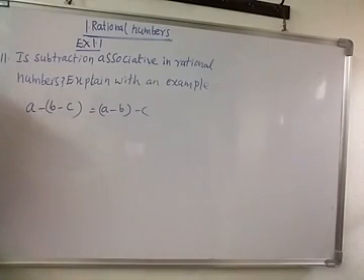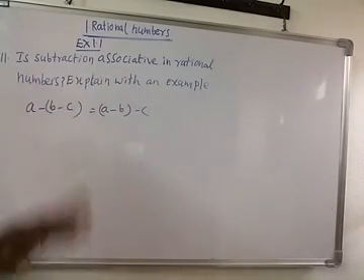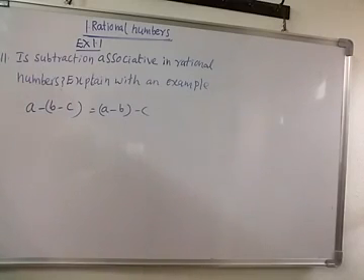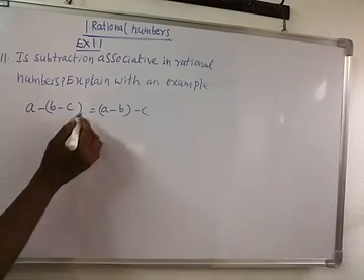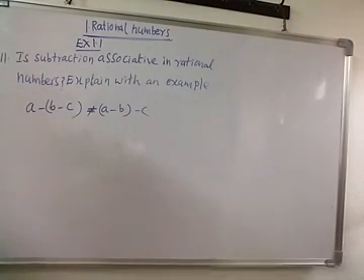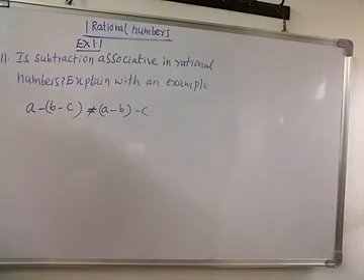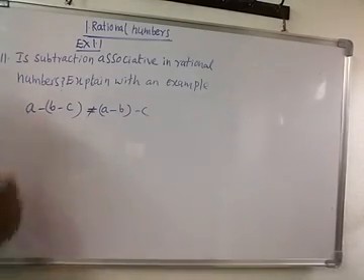I already told this in a previous class, I took some examples and explained the associative property under subtraction. So the associative property is not satisfied by rational numbers under subtraction. You saw this in previous classes, I explained it already.